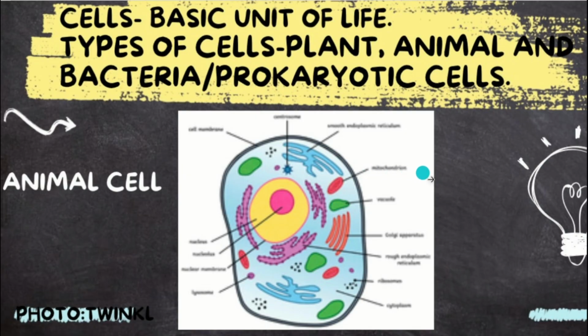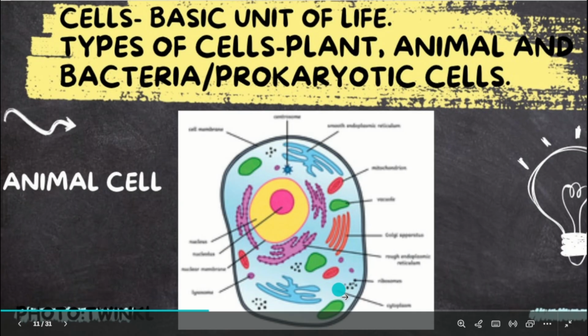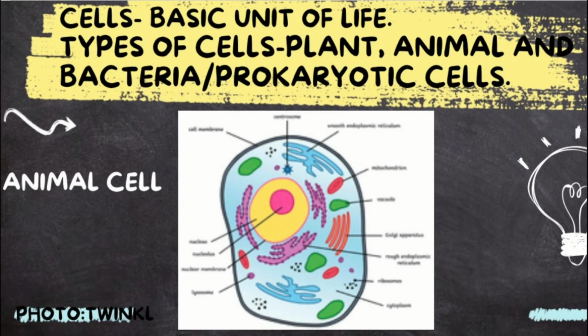The mitochondria, which is like the powerhouse, we know that respiration takes place within this. Then the Golgi apparatus slash Golgi body, that's the packaging center of the cell. Ribosomes produce proteins. Cytoplasm is a gel-like substance that holds these organelles. The rough endoplasmic reticulum produces protein and all that good stuff, right?